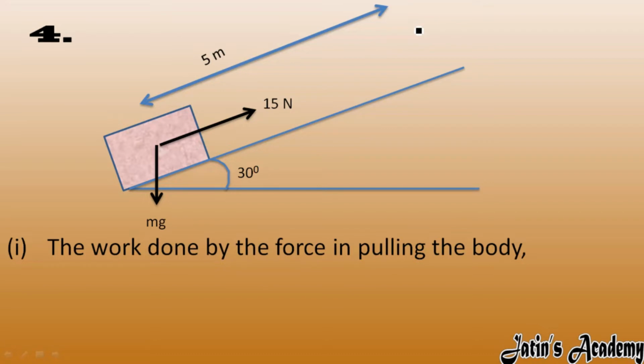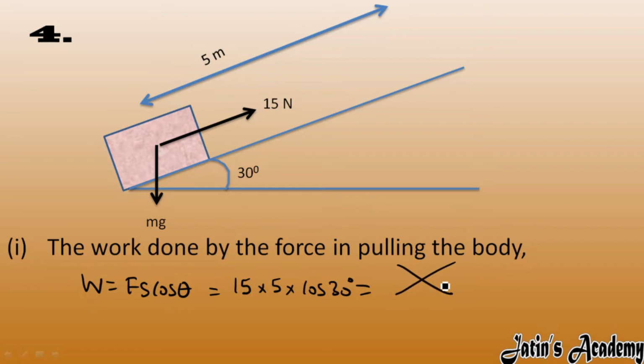Now carefully see in this question what major mistake most students will make. Students will calculate work done as F s cos theta. So force we have 15, displacement 5 and cos 30. They will calculate this, and this answer is wrong.